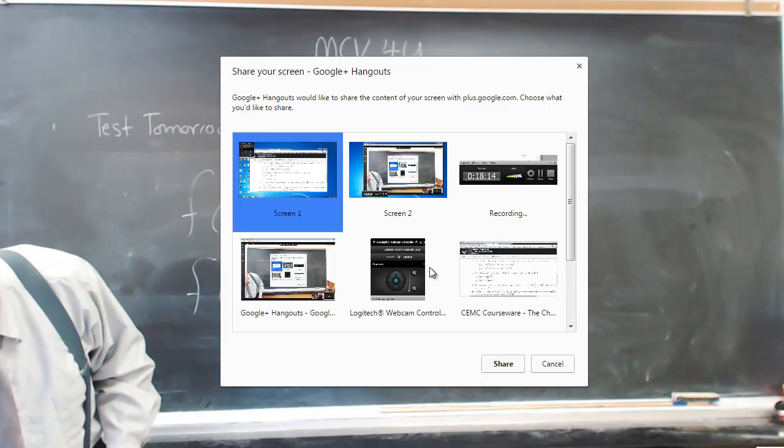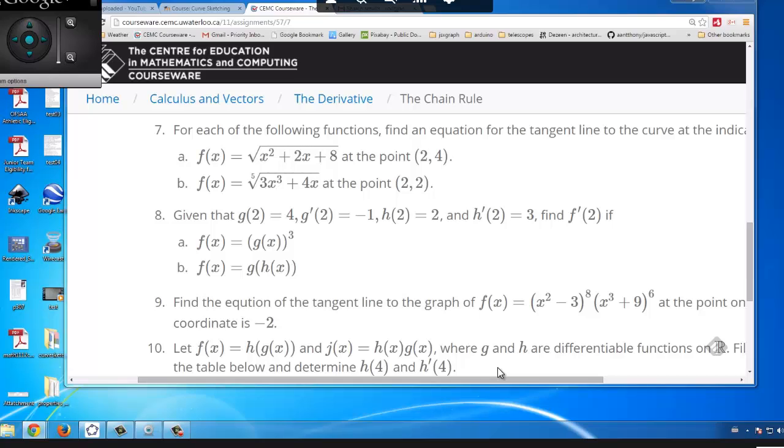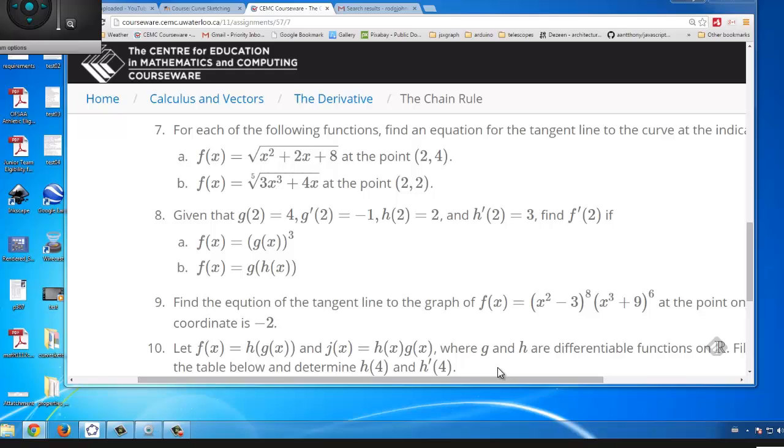So they've told us what g at 2 is. So f primed at 2 is just going to be 3 times g at 2 squared times g primed at 2.